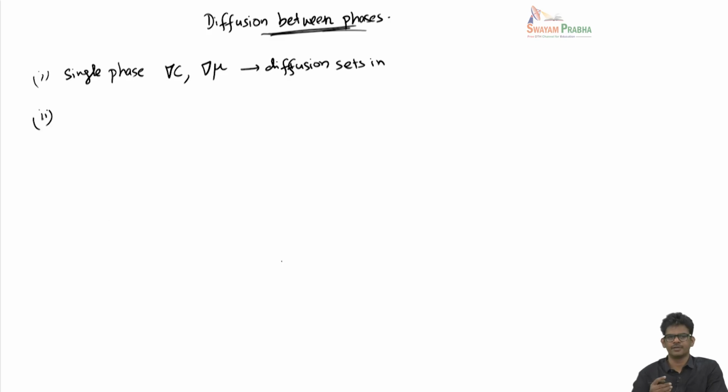In the case of two immiscible phases in contact, mass transfer or diffusion will set in when there is a difference in the chemical potential of the two species.